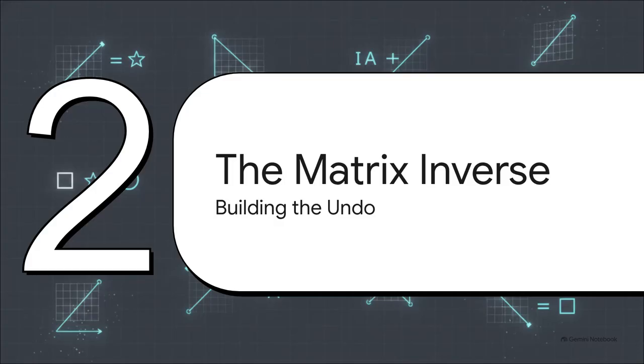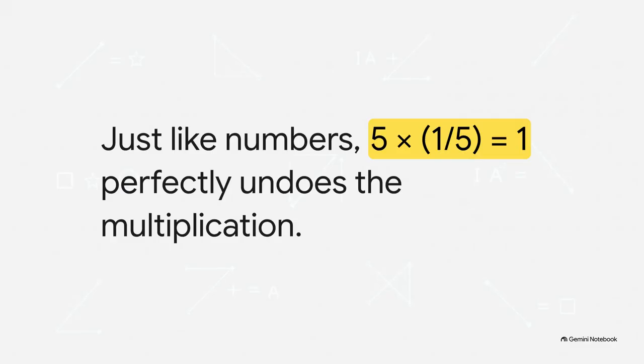All right, moving on to section 3, building the matrix inverse. Let's transition to that second, bigger question. We're going to revisit that ordinary number's trick to see how it builds toward reversing those complex transformations. We know that 5 times 1/5 equals 1. In straightforward terms, 1/5 perfectly undoes the act of multiplying by 5, bringing you right back to that do-nothing state.